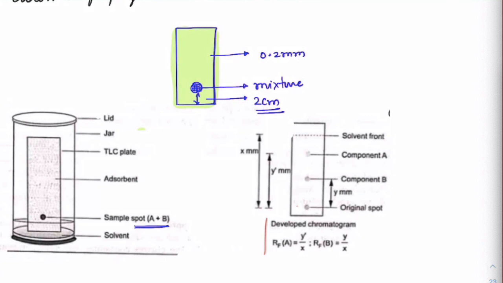Imagine you take a biscuit. A biscuit is like a thin layer chromatography plate. Okay, a Parle-G biscuit. You put it in a glass of very dilute milk. Let's say you put it in water.